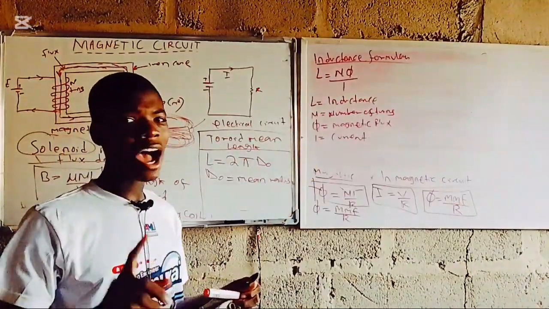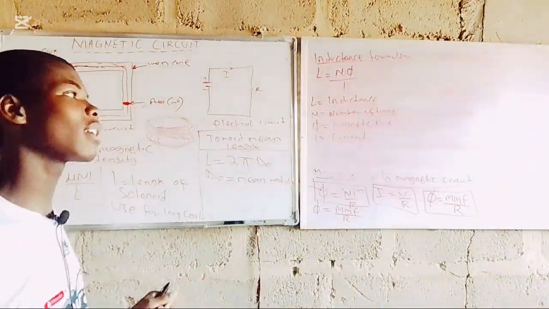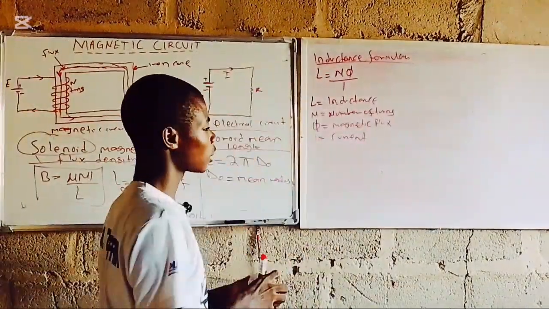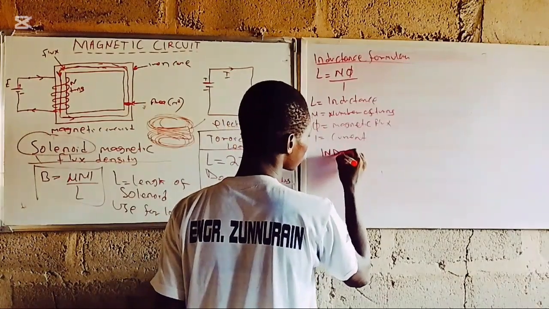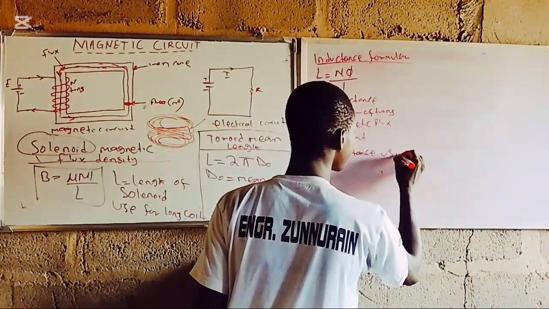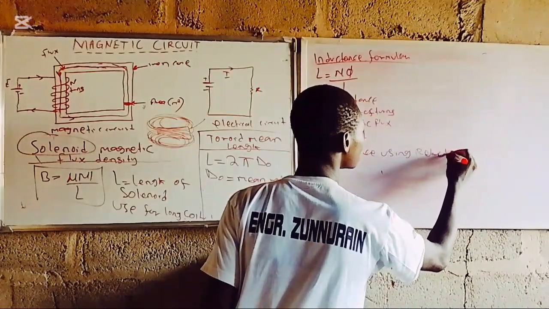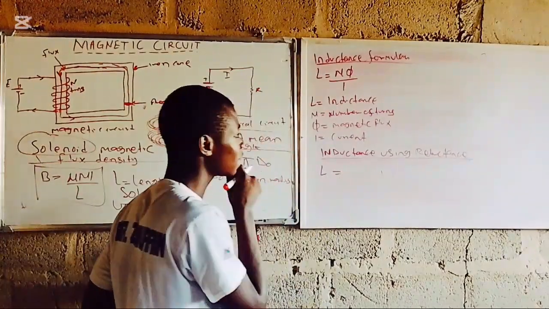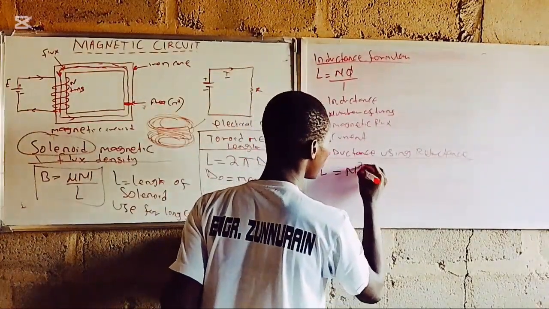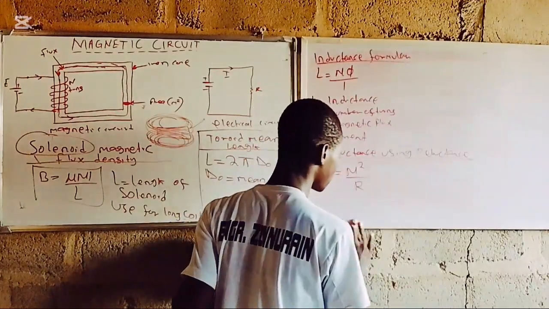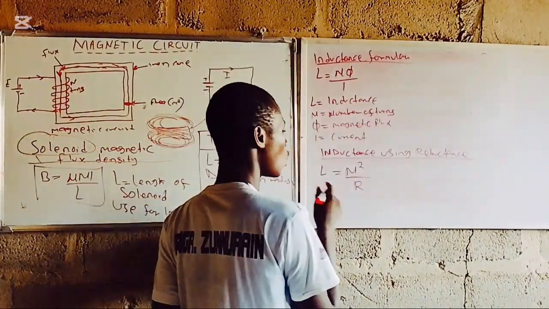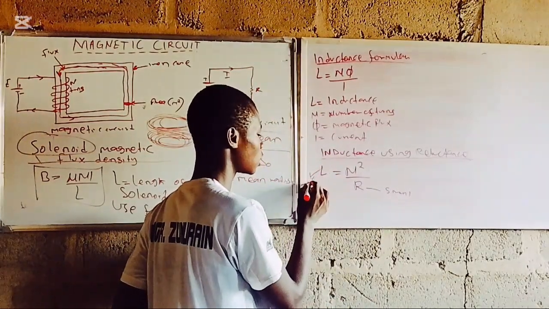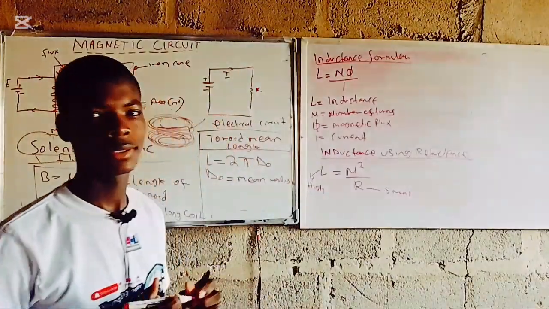After that, we have inductance using reluctance. What this relation shows is that L, the inductance, equals the number of turns squared divided by R, the reluctance. When the reluctance is small, the inductance should be high.